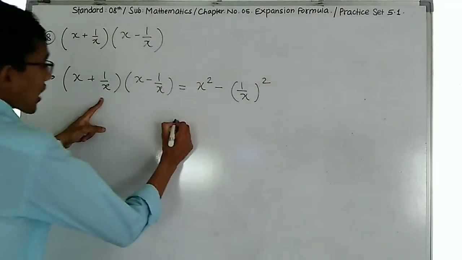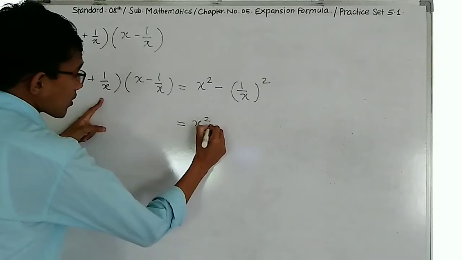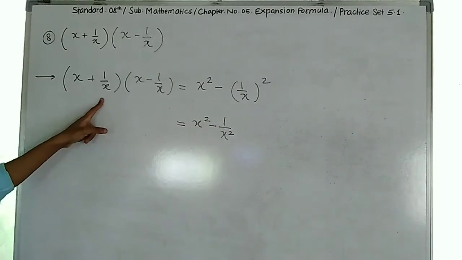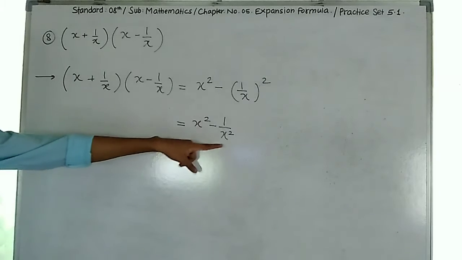Okay, so what I have got is x² − 1/x². You can write up till here.